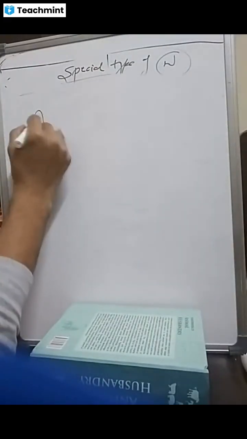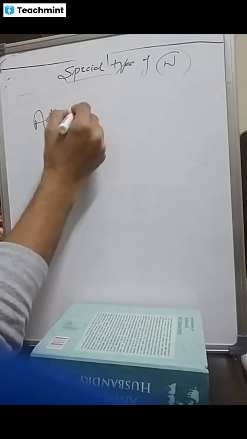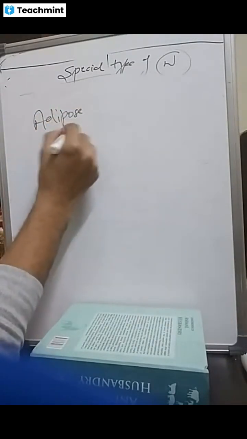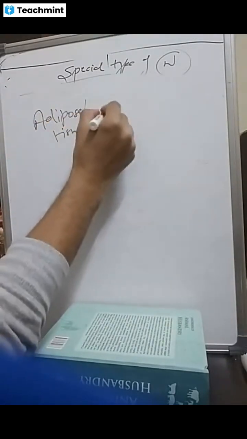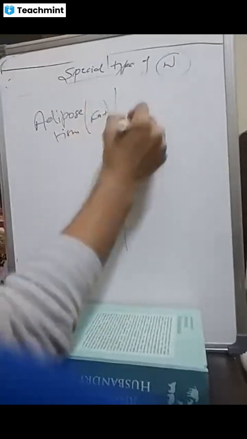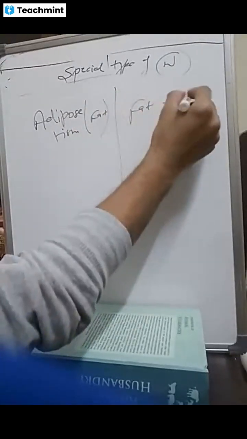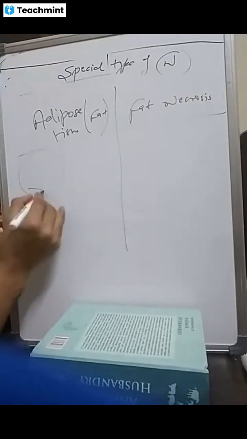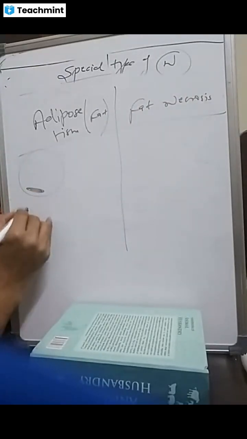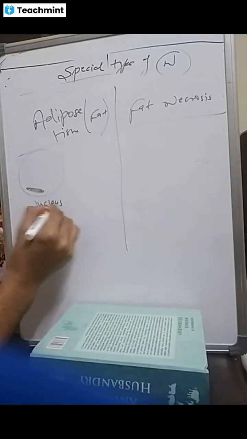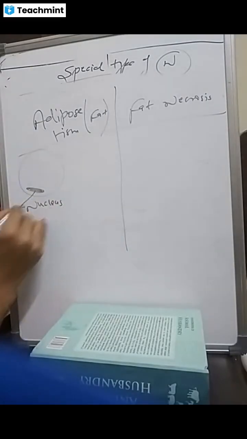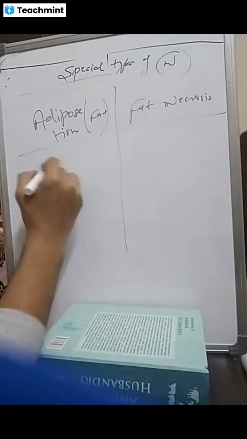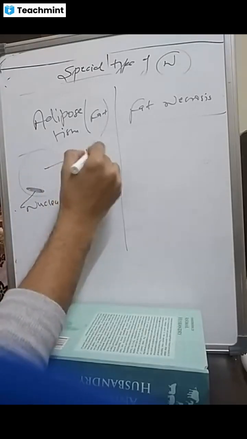So adipose tissue means normal fat, and fat necrosis. Here you will find nucleus. So nucleus is there, but this is dissolved, empty.